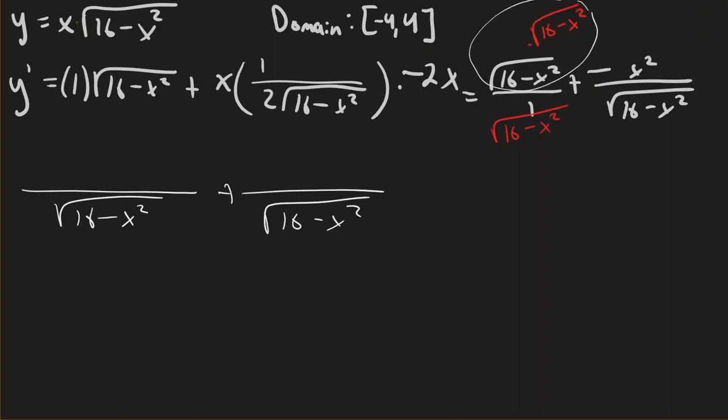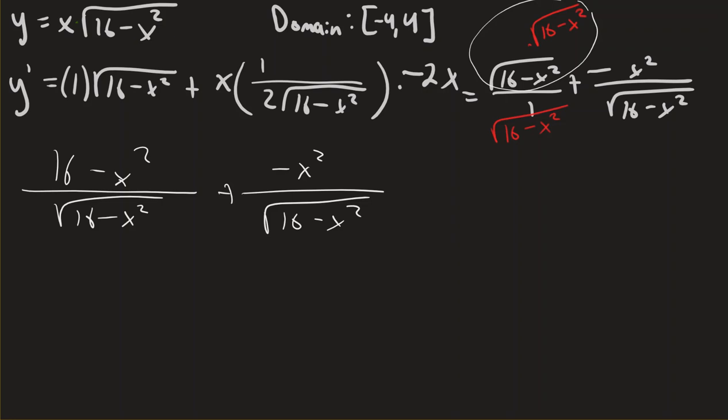Now right here, when I multiply that by itself, that is going to get rid of the square root. This fraction is not being multiplied by anything, so if I don't need to multiply the denominator by anything to get a common denominator, then I don't need to multiply this numerator.